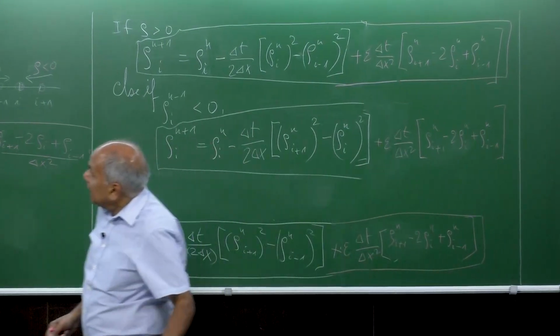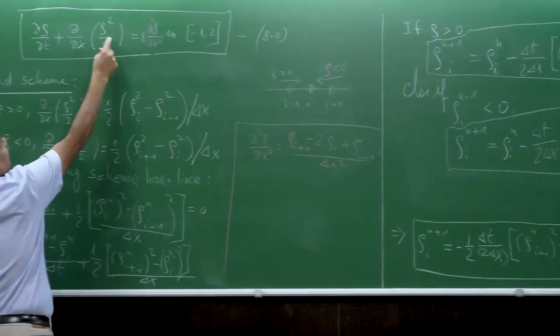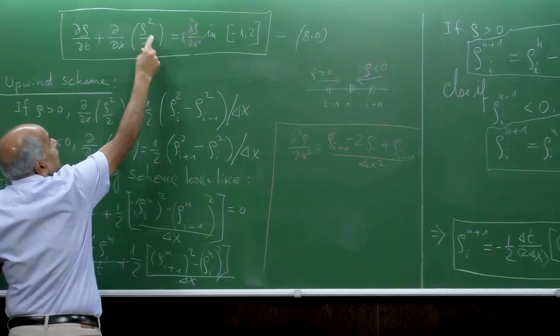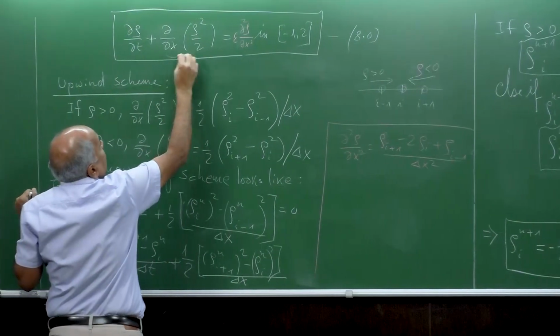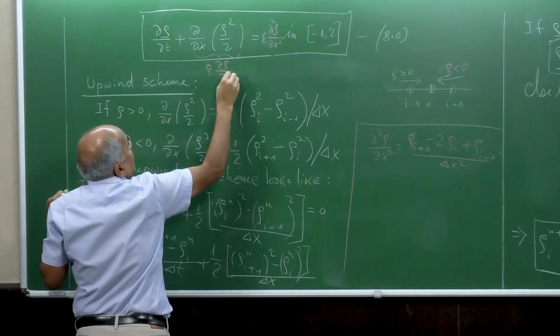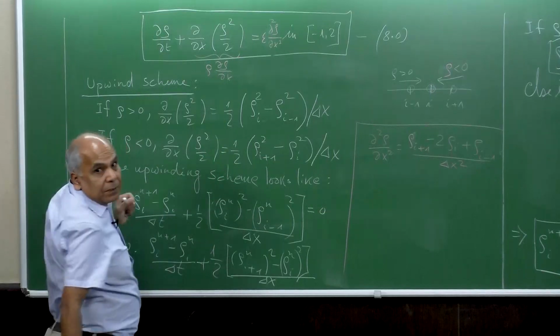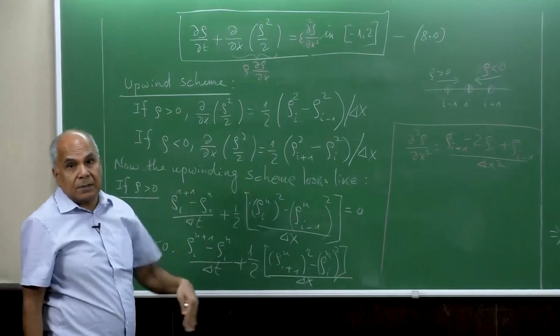Now, what was the difference is that in the primitive variable, we had again simplified this one. We took the derivative, and then we got, instead of that, rho del rho by del x. So this is the difference between the earlier primitive form and now this conservative form.